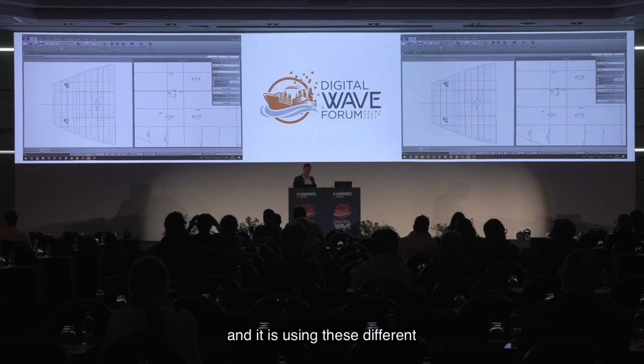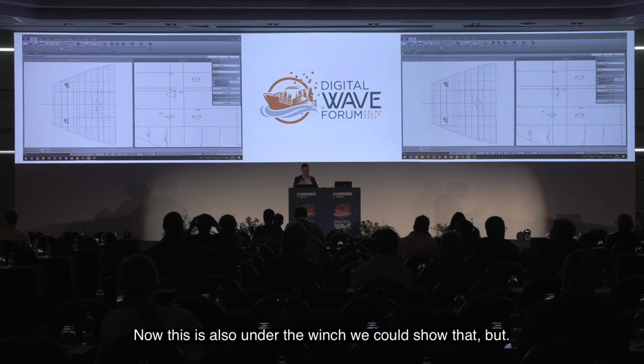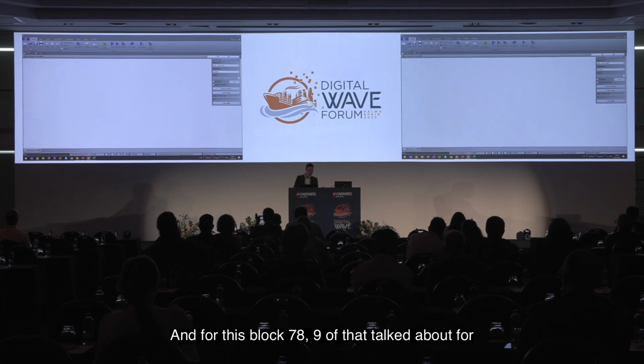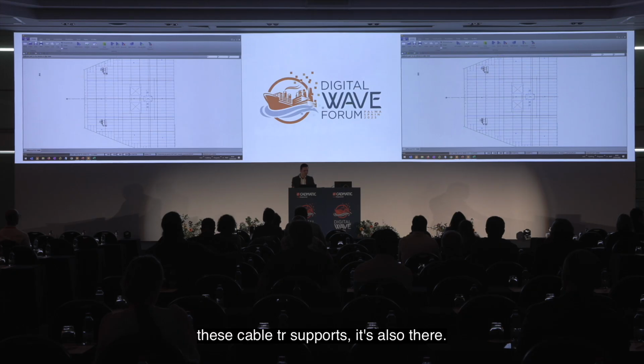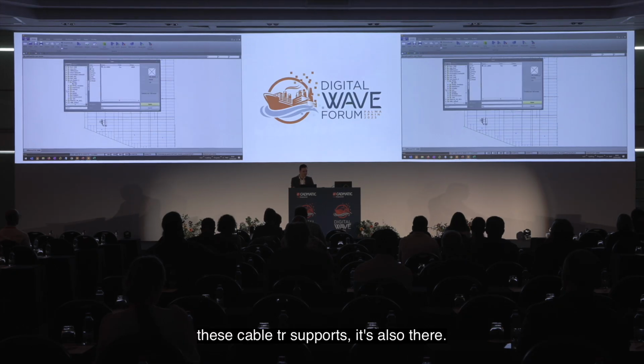And it is using these different plates under this winch to mark. This is also under the winch. We could show that, but... And for this block 789 that I talked about, for these cable tray supports, it's also there. So let me show this as well.